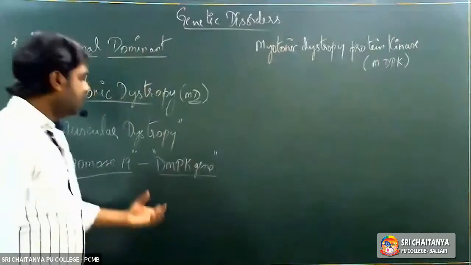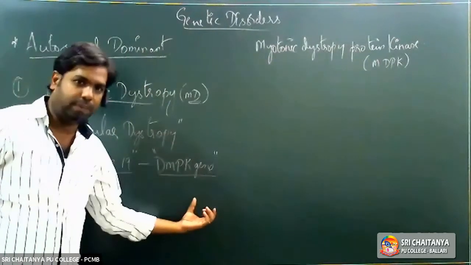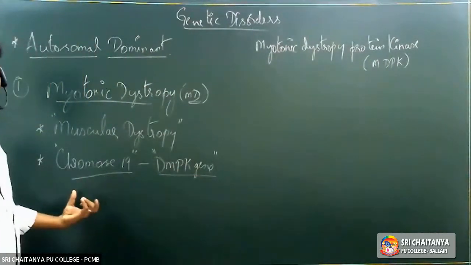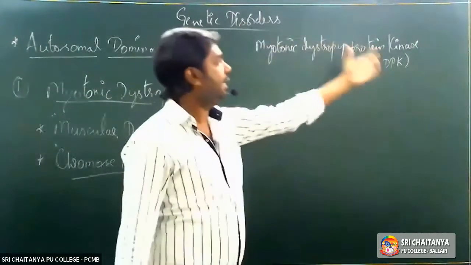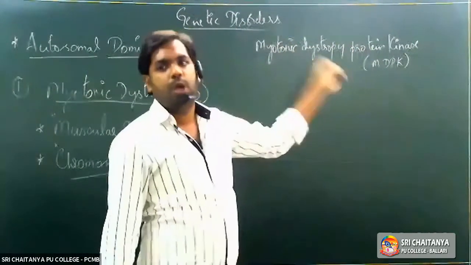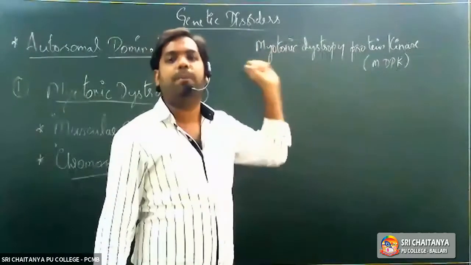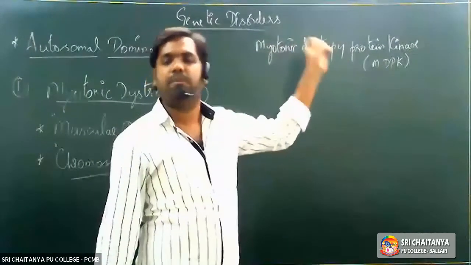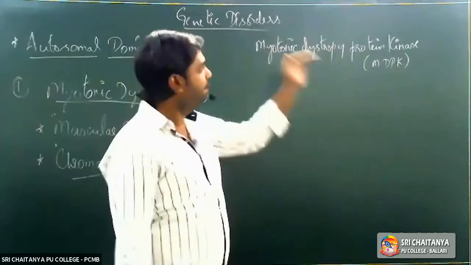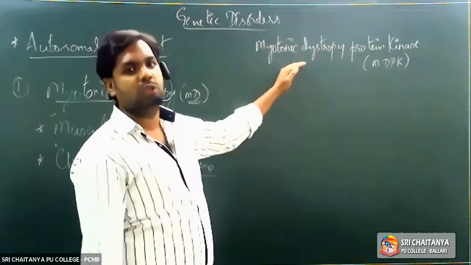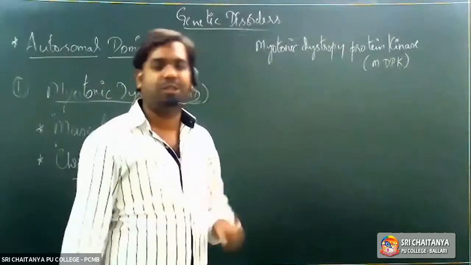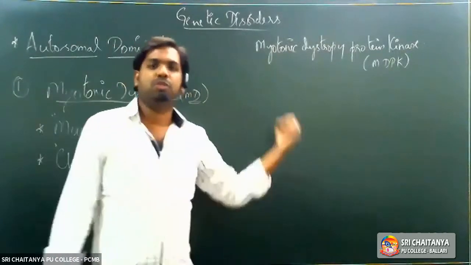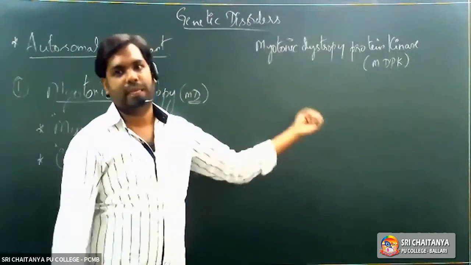So due to mutation in the DMPK gene located on chromosome number 19, the myotonic dystrophy protein kinase is not formed, which is a predominant protein for the proper functioning of the muscle. Because this protein is not formed, muscle contraction is happening, but the process of relaxation is not taking place.